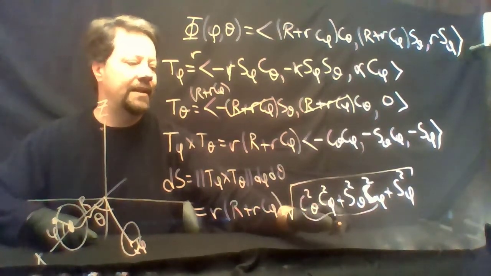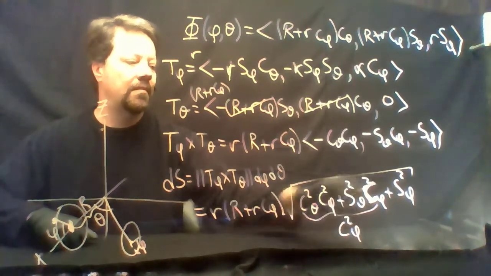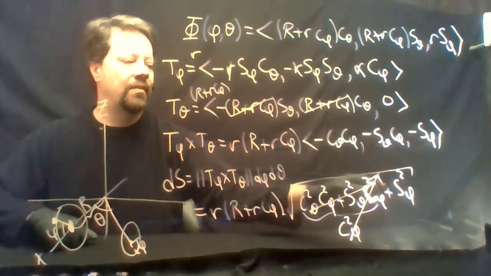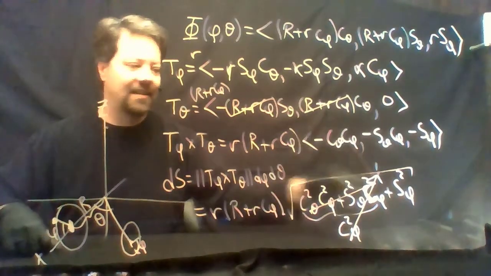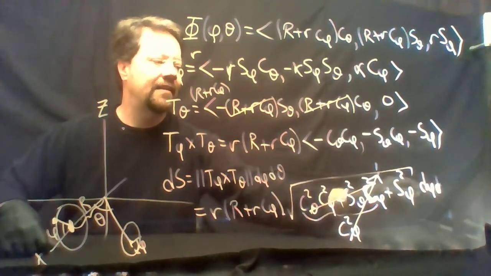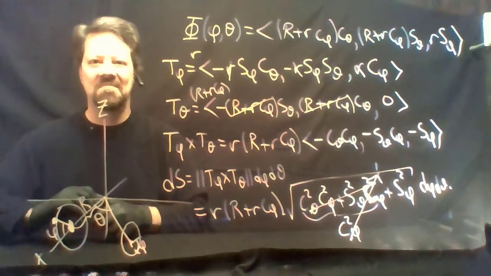Combining them 2 at a time, the radical ends up giving us 1. And then we multiply by d phi d theta.